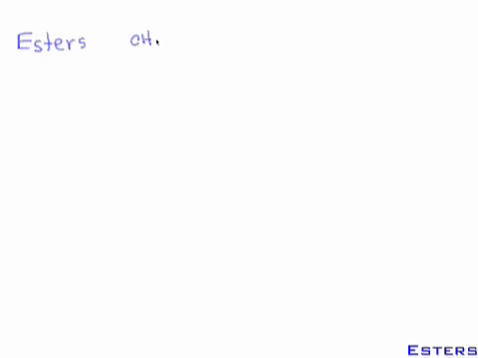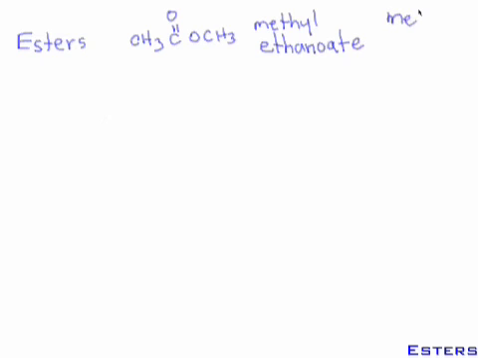They're carboxylic acids where the H has been replaced with a carbon, such as found in this methyl ethanoate, two words. Ethanoic acid, the ic acid is dropped and ate is added, and the alkyl attached to oxygen is a separate word up front, or the common name methyl acetate.